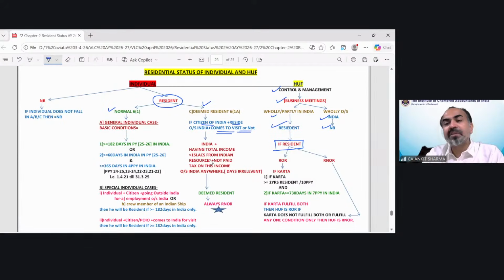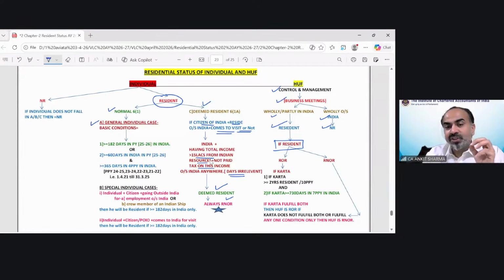For the purpose of deemed resident, visit is irrelevant. Whether he comes to India or not does not matter. Having income of more than 15 lakh rupees from Indian sources, not paying tax on this income anywhere else, days are irrelevant. Deemed resident is always resident and not ordinary resident.